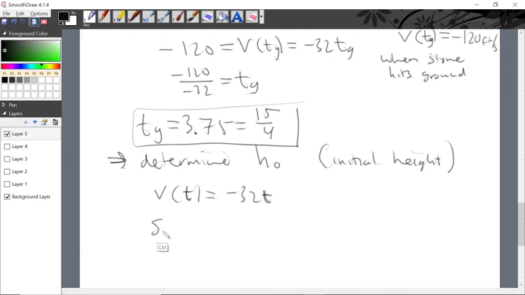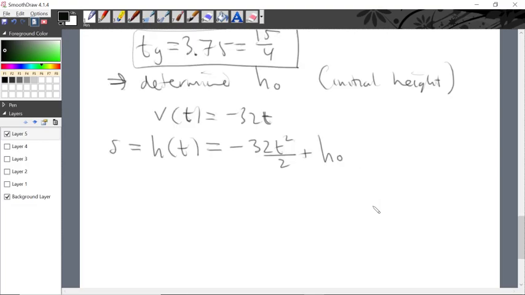The associated position function, which we're calling height, is negative 32 t squared over 2, plus the arbitrary constant, but the arbitrary constant would be the initial height. That's the constant I'm using.